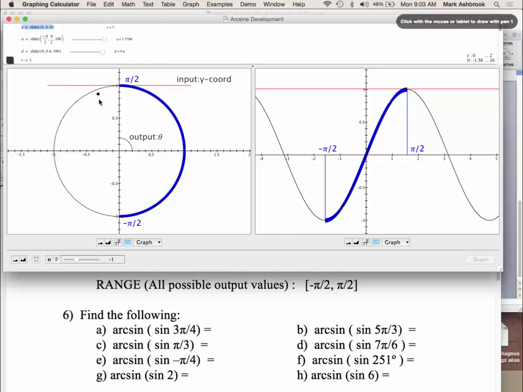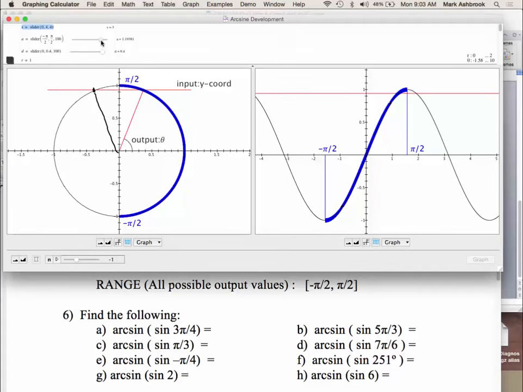So 2, we should all know that starting at the 3 o'clock position, counterclockwise, 2 radians or 2 radius lengths is about there. So the sine of 2 is going to be that vertical distance, something like 0.9 something, right?